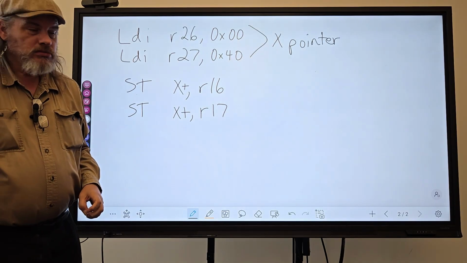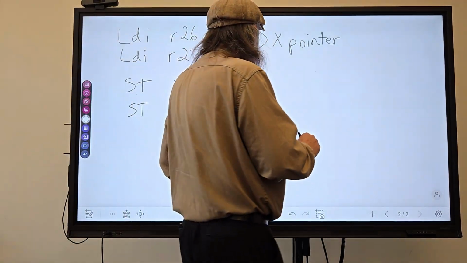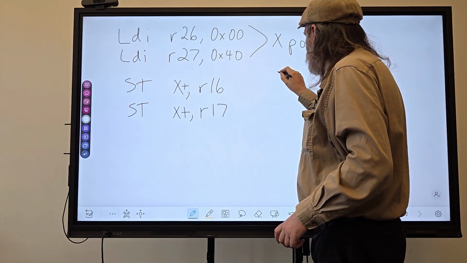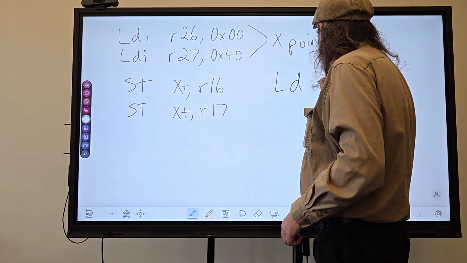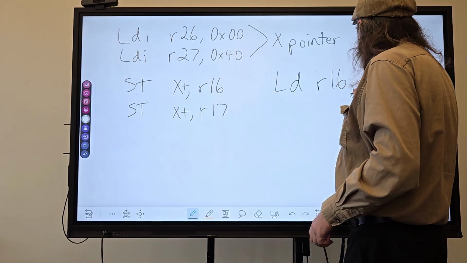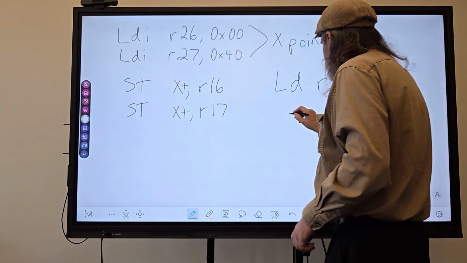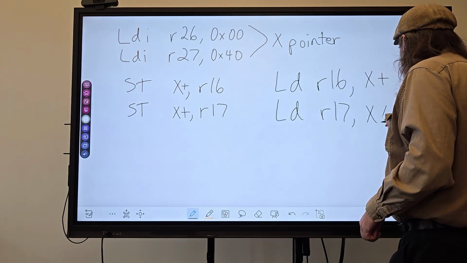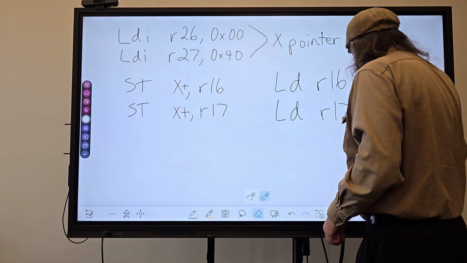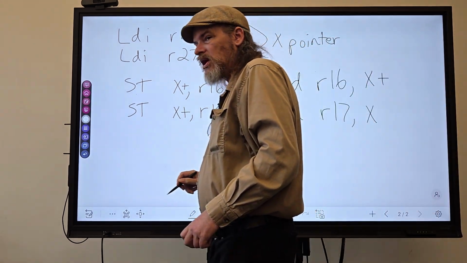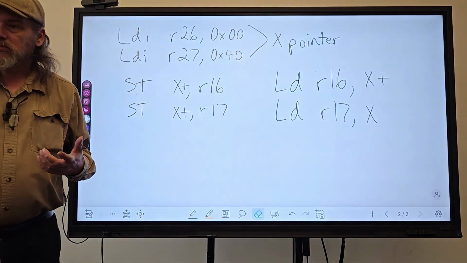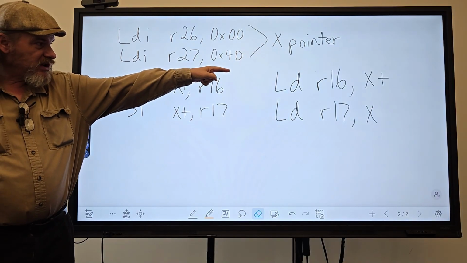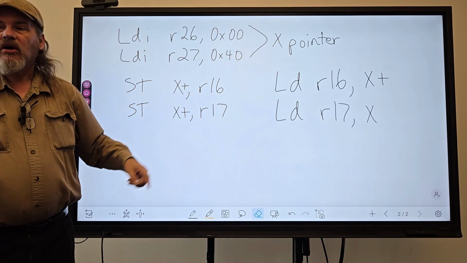And then accessing them later, you would load the base address, and then LD, let's say R16 destination, X plus, and then LD R17, X. Because you'd only be getting one element, which is 2 bytes. So the low byte into R16, the high byte into R17.